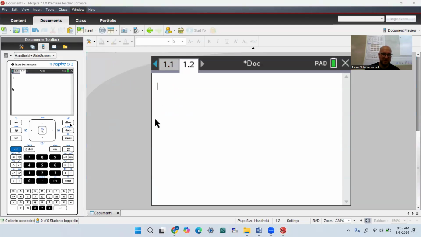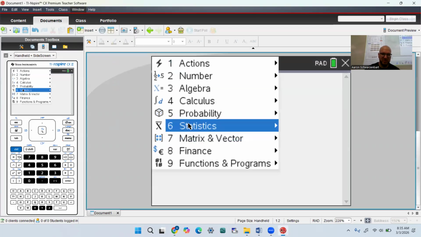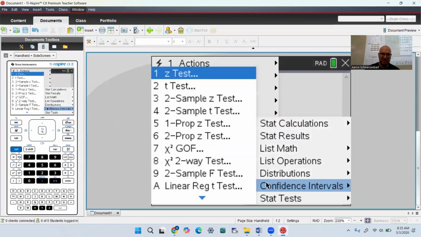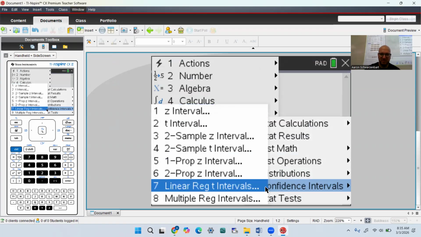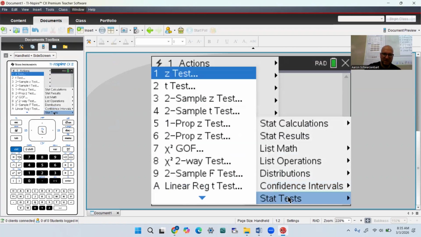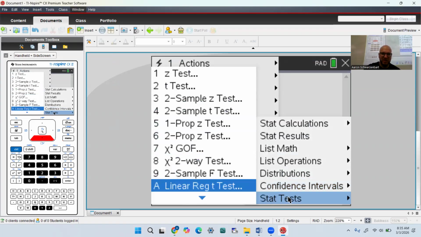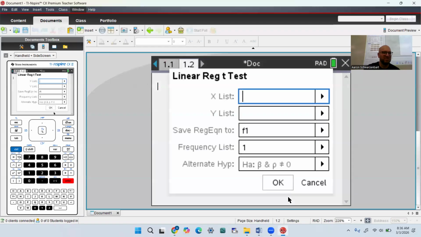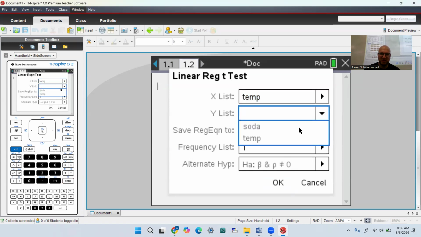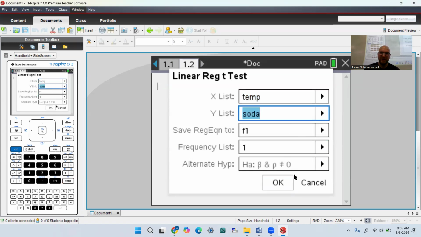So let's run our test. Menu, statistics, stats test, linear regression t-test. That makes sense, doesn't it? X list, that was my temperatures. Name your lists.